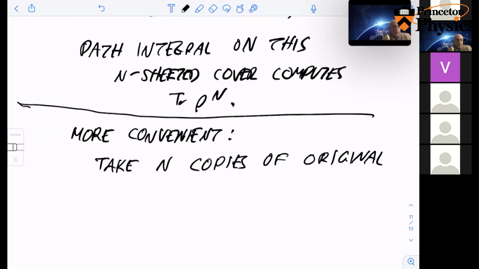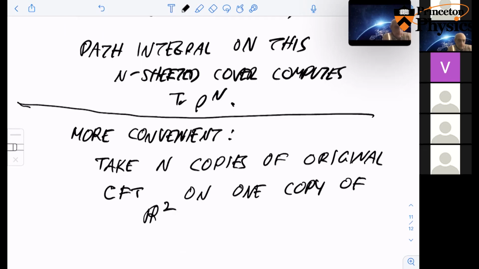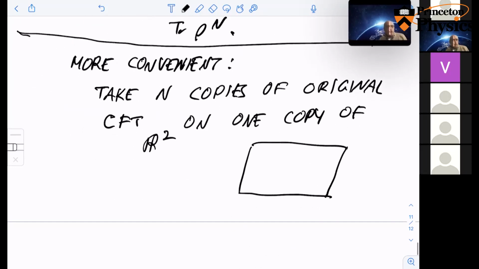However, we will now start saying things that are much simpler in 2 dimensions. Instead of an n-sheeted cover of the original spacetime, we take n copies of the original conformal field theory on 1 copy of spacetime. So we just say that we're on R2, and instead of saying that spacetime has n sheets, we say that on a single spacetime, there are n copies of the original theory.